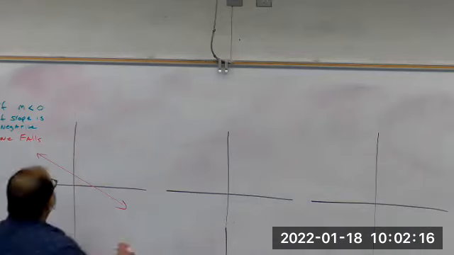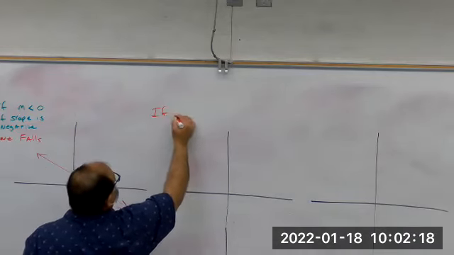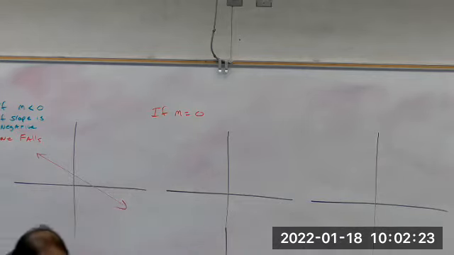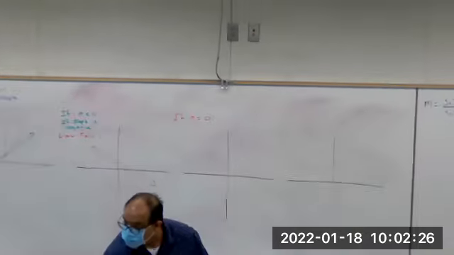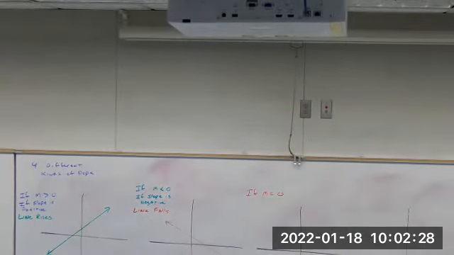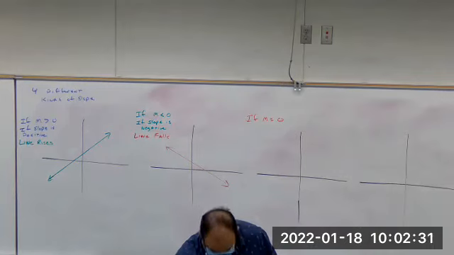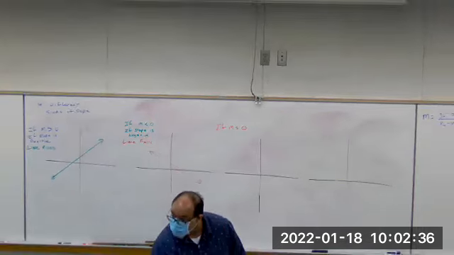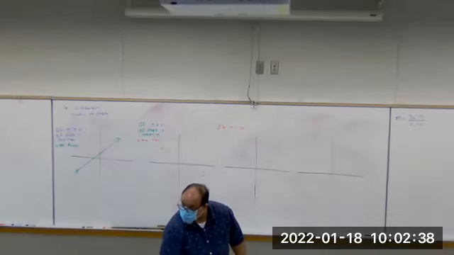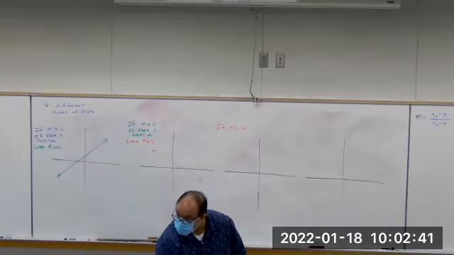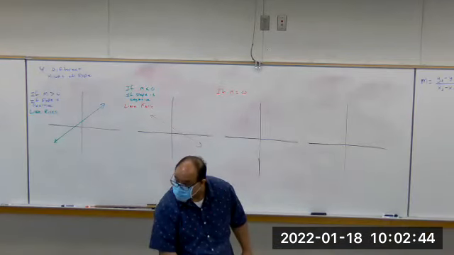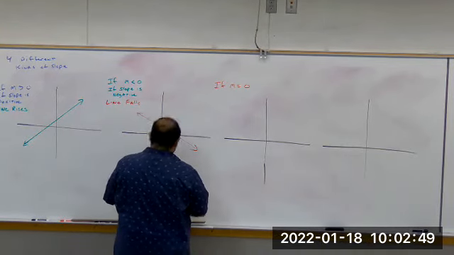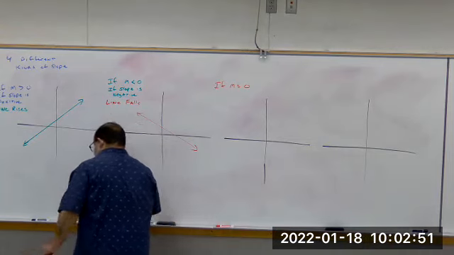So if the slope equals 0, the line's going to look like this.